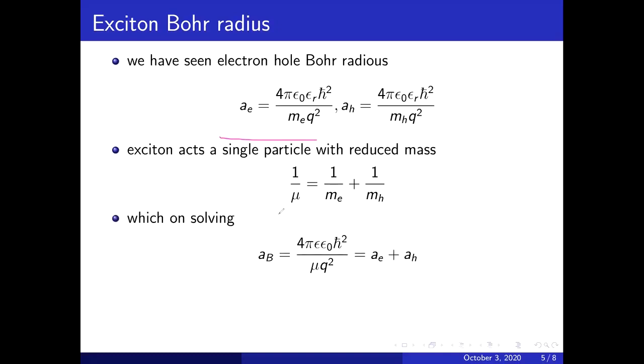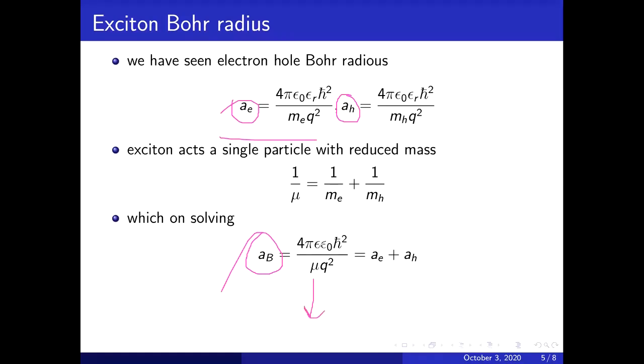So we need to calculate not the Bohr radius of the electron like yesterday, nor the Bohr radius of the hole, but today we need to calculate the Bohr radius of the exciton, which I mentioned here. That is not linked to the mass of the electron nor the mass of the hole, but to the reduced mass of the single particle called an exciton, which is mu.